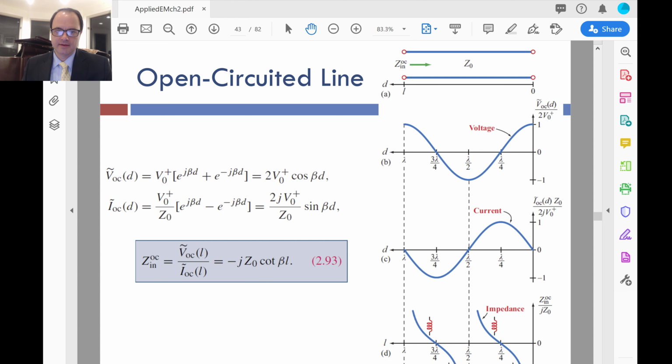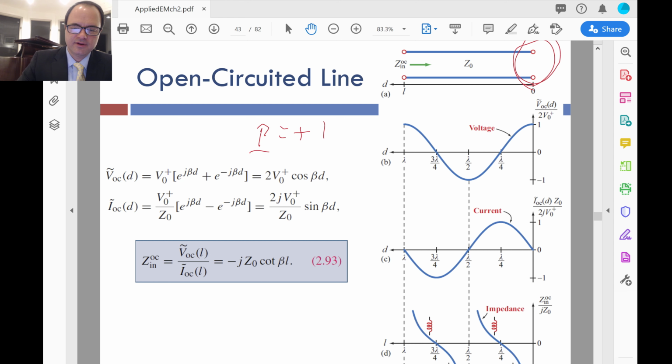Now we can go to the open-circuited line, where the transmission line just terminates without any connection at all. When we go back to our reflection coefficient equation and how it depends on the impedance of the load, if we have a load of infinite impedance, meaning an open-circuited line, we find that the reflection coefficient gamma is equal to positive 1.